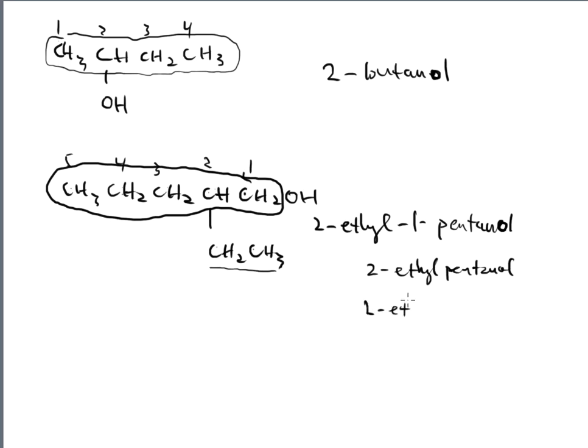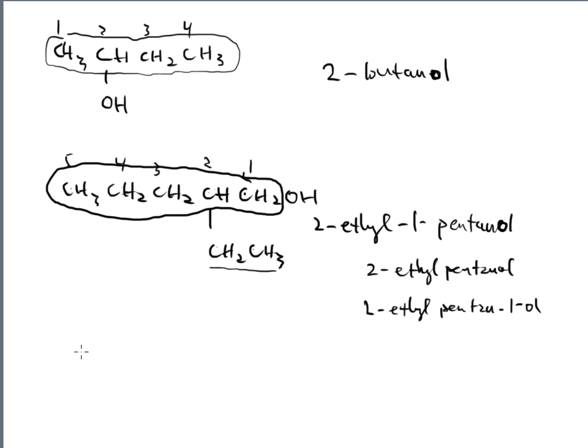Or 2-ethylpentan-1-ol is also acceptable as well. So either one of these is perfectly okay. I don't really care which one you use. Blackboard, if you're doing those automated assignments, it might actually count one of your answers wrong accidentally, but hopefully I will catch it and I'll correct it if it does.